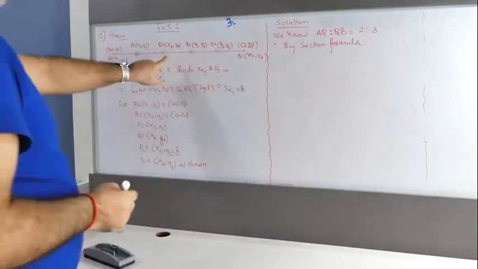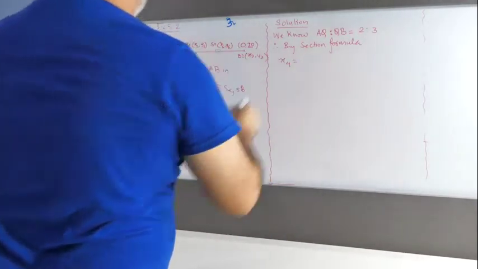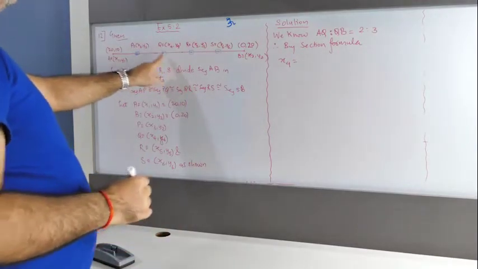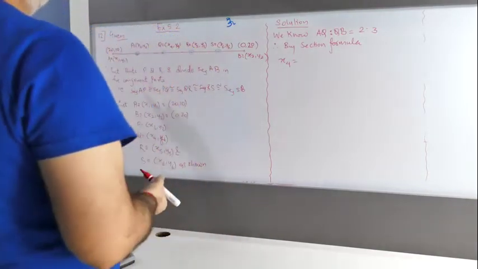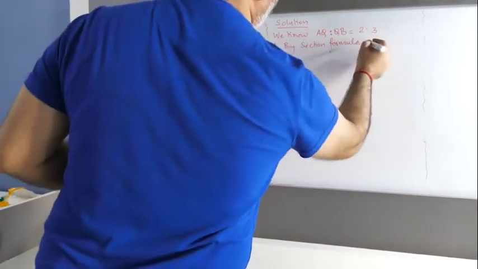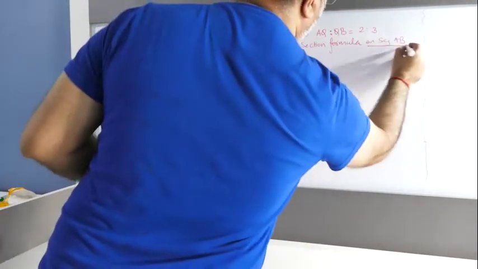Who's dividing? Q is dividing. So x4 is going to be, which are the points that it is dividing? It is dividing segment AB, right? So you are applying the section formula on segment AB.